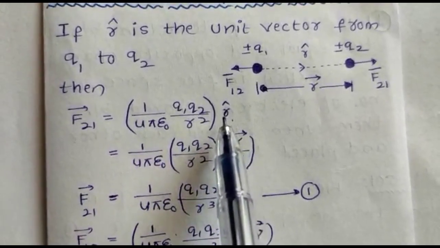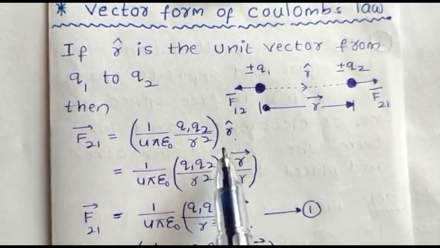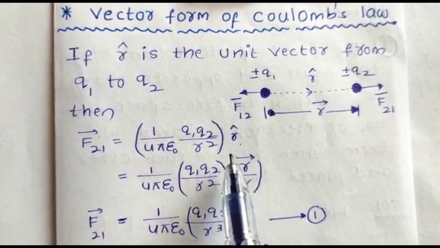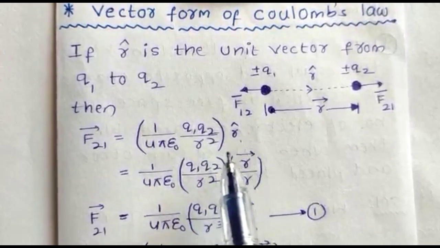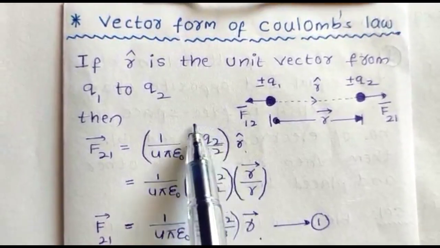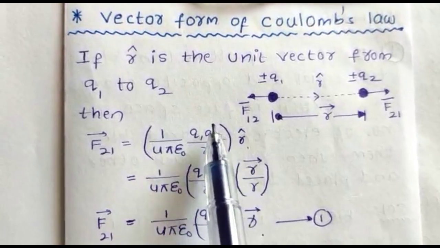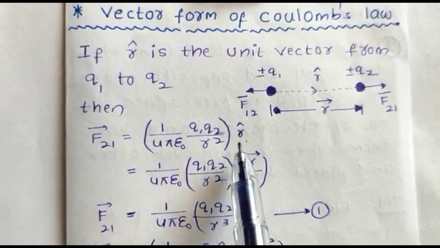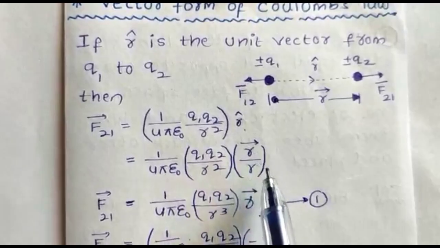In first year, in vectors, we discussed that to convert a scalar into vector form, the magnitude should be multiplied with the unit vector, and this is the magnitude of the force between the two charges. In place of R cap we can write its formula.